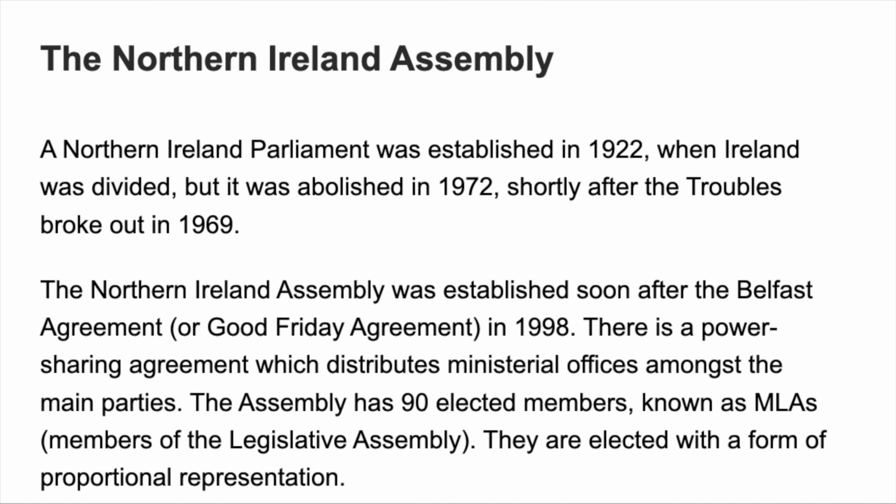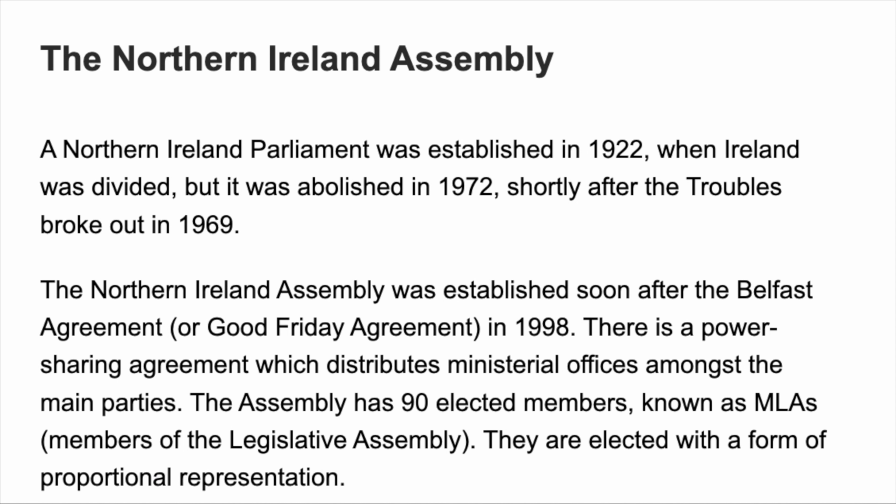The Northern Ireland Assembly. A Northern Ireland Parliament was established in 1922 when Ireland was divided, but it was abolished in 1972, shortly after the Troubles broke out in 1969. The Northern Ireland Assembly was established soon after the Belfast Agreement, or Good Friday Agreement, in 1998.